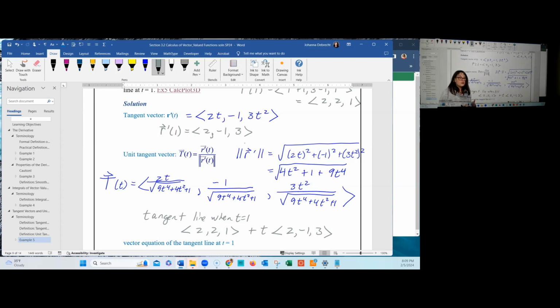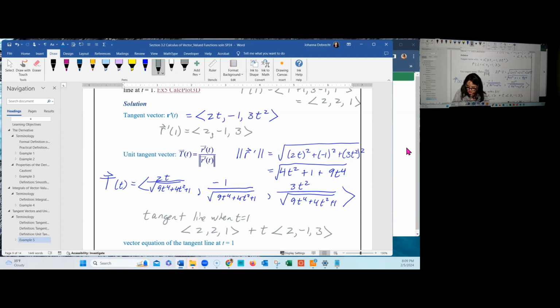Now, I could also have used the unit tangent vector, in which case I would have needed to divide 2, -1, and 3 by the square root of 9 plus 4 plus 1, the square root of 14, all right? So I could have had that as well. But since t is varying from -infinity to infinity, it's going to graph out the whole line in both directions.